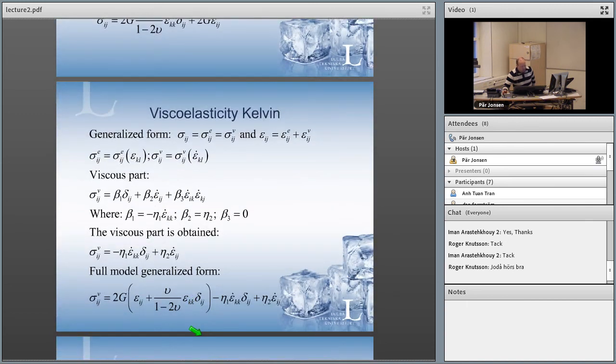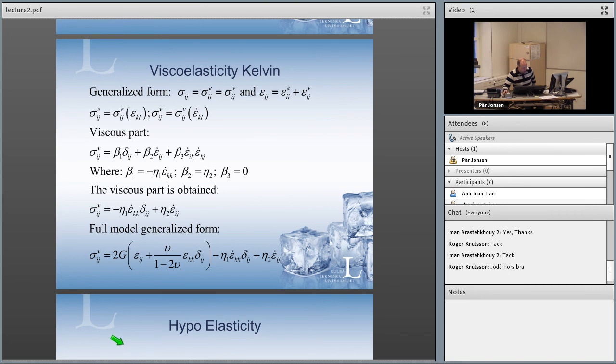And the same way you do with the viscous part, now using this beta instead, you will find beta 1, beta 2, beta 3, and the viscous part will look like this. And you have also there division into volumetric and deviatoric shear part.